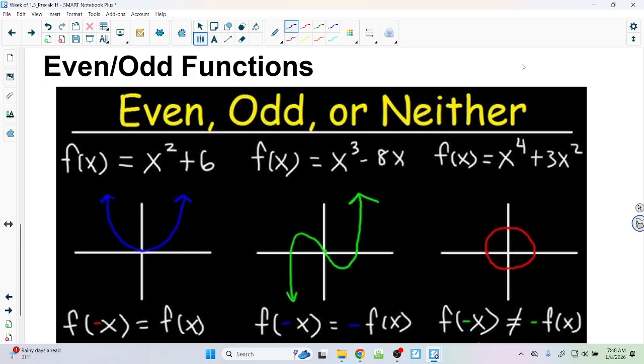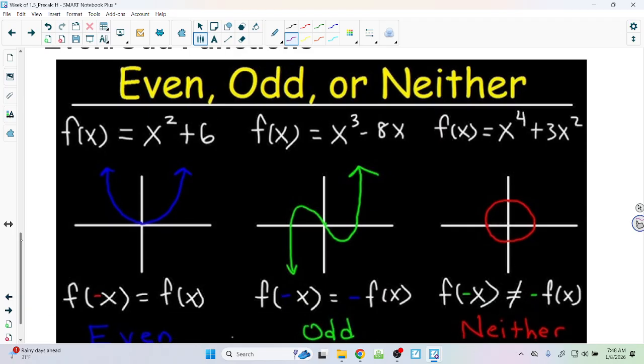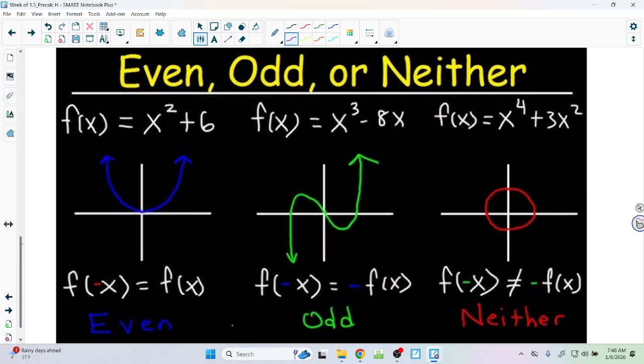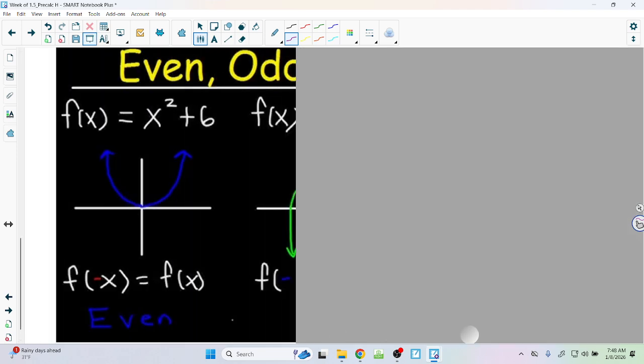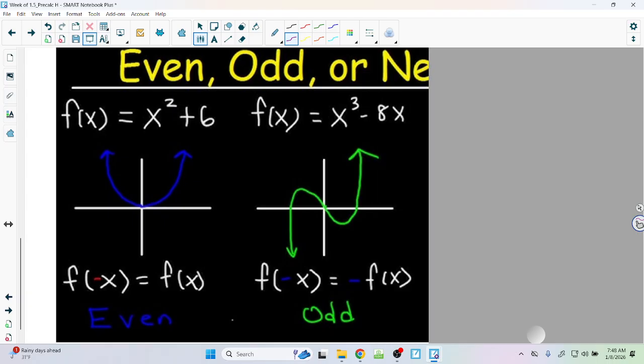This one's not a great example for neither, because it's not really a function anyways. Oh, okay, so they say even, odd, or neither, but this is not even a function. So I don't really like this one personally. I think I'm going to get rid of it. It also doesn't even seem to be correct. So let's ignore that completely. So we can just visually look at even and odd.